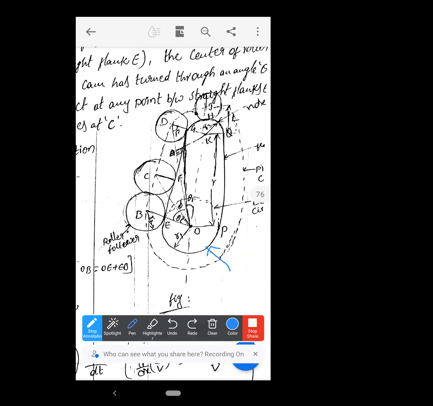And this other circle is the nose circle.